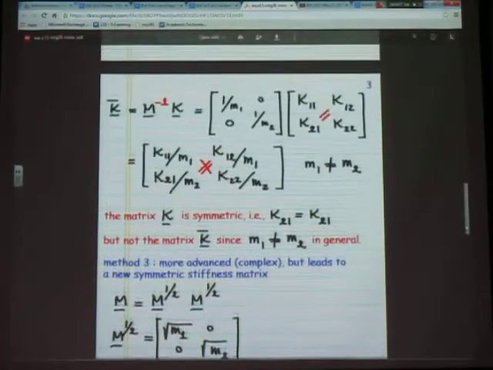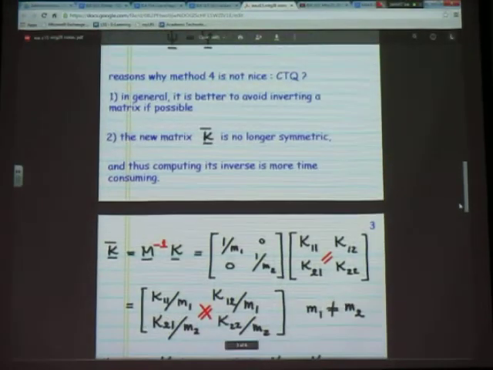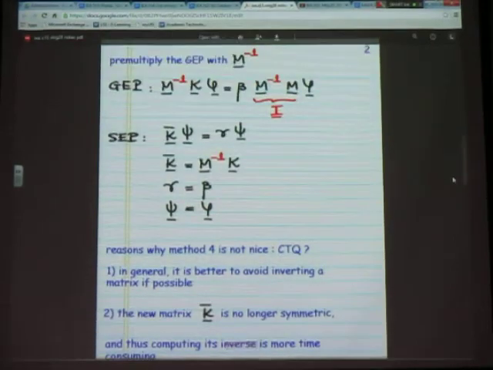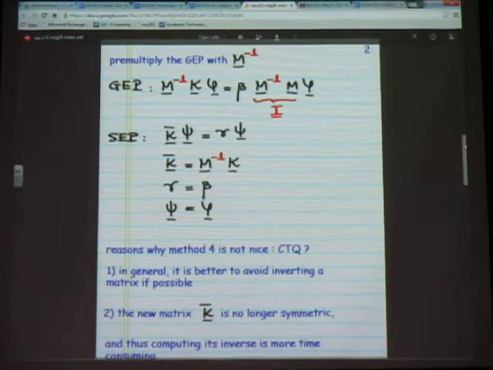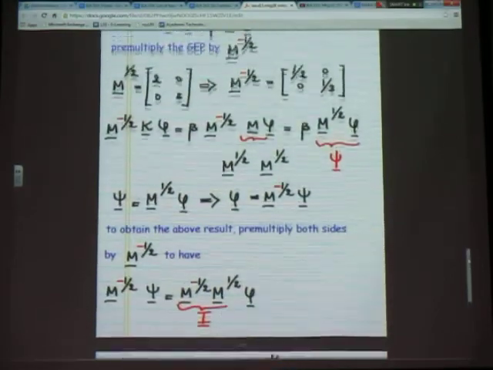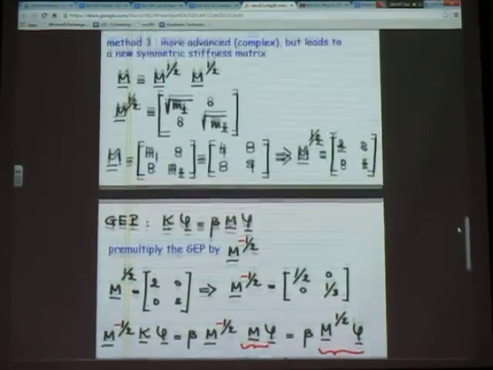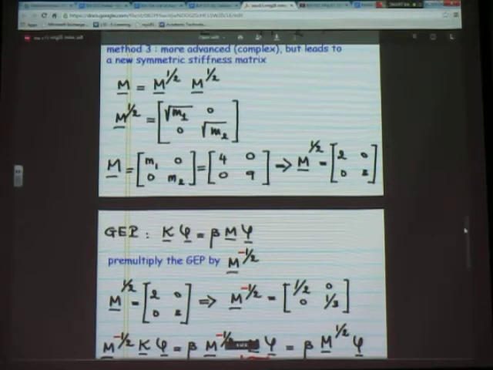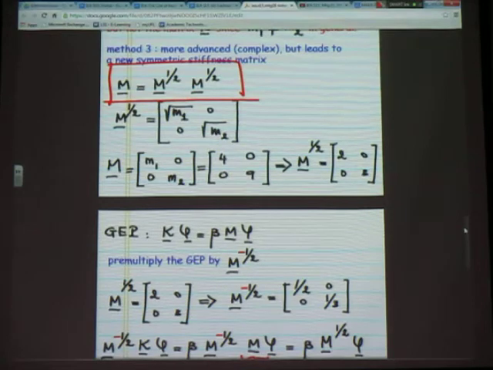Method 3 was very simple: pre-multiply by m inverse, and the new stiffness matrix is m inverse times k. I'd like to wrap up with method 4, which is a multiplicative decomposition of m into square root of m times square root of m, actually m to the power 1/2 times m to the power 1/2.